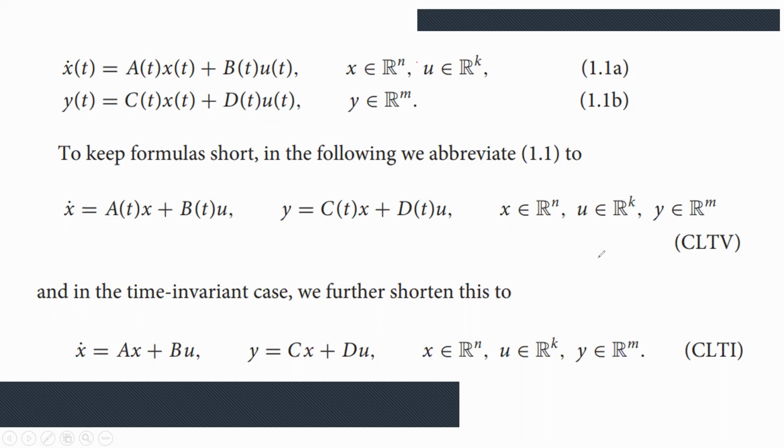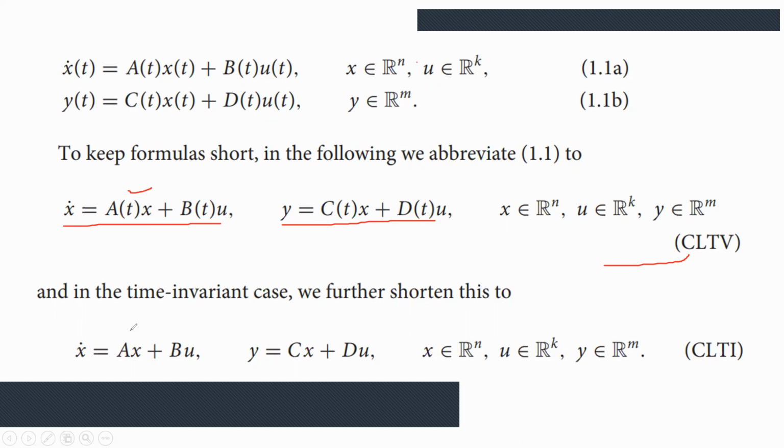For example, in the case of continuous linear time variant systems and continuous linear time invariant systems, they have made these two formulas. So whenever there is a time presence, this is a time varying system, and both equations are written in one equation.